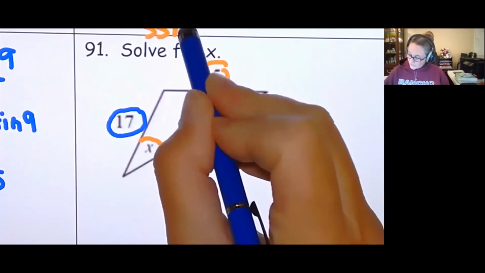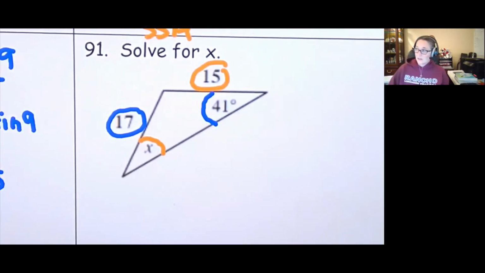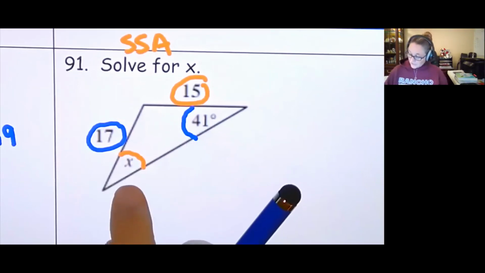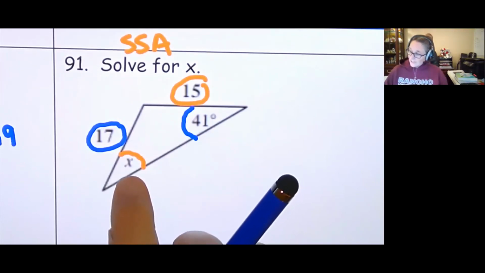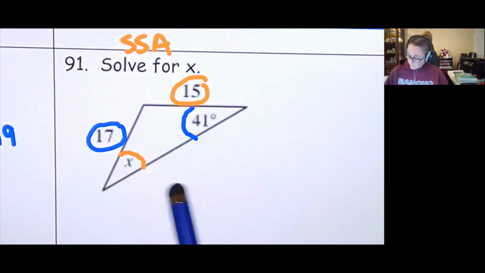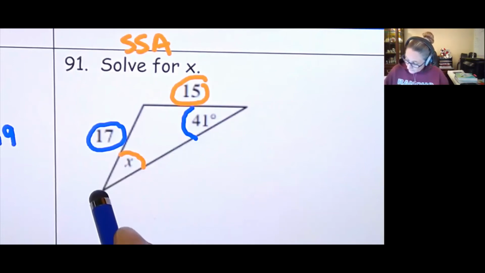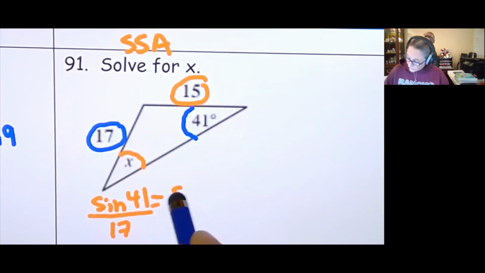Side, side, angle. So that means that we have an ambiguous case. So I'm going to find this value, and then I'm going to see if it's possible to have another value for this. So I'm going to do sine of 41 over 17 equals sine, let's say x over 15.